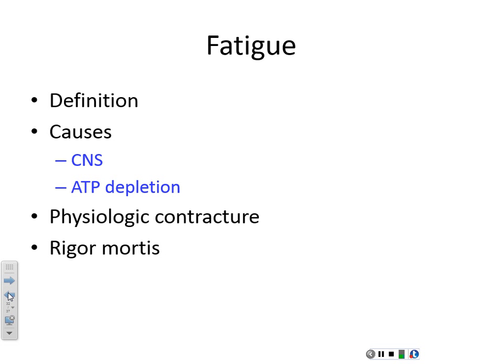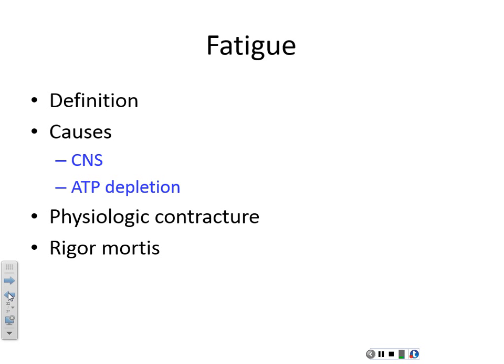If you perceive in your mind that you can't do this work, that's psychological fatigue, and it starts at the CNS. If somebody's running a marathon and at the end of the race somebody's trying to come back and beat them, and you give your last burst of energy, you are mentally beating psychological fatigue, because you are thinking you're tired, but you are putting in a burst of energy.